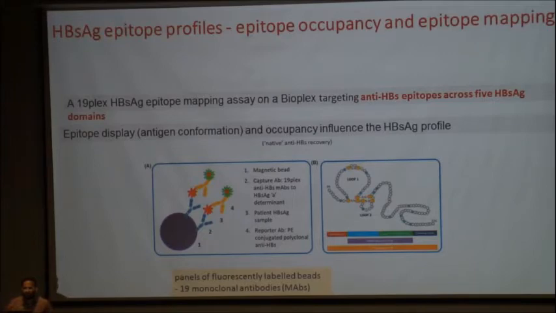It tells us how many epitopes are occupied or how many are available through the interaction between HBsAg and anti-HBs. This is the test which I will discuss shortly. 19 monoclonal antibodies are available, one for each epitope. They are fluorescent, and depending on the interaction, a fluorescent color appears, by which they can identify the folds by which a particular epitope is available or lost.